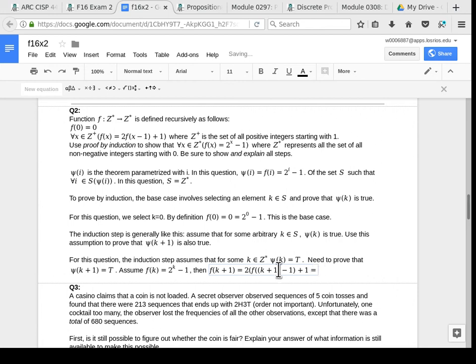When we cancel out this plus 1 and the minus 1 as the parameter to f, we end up with 2 times f of k.